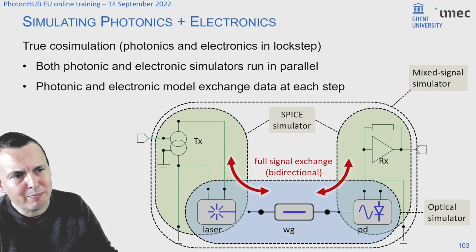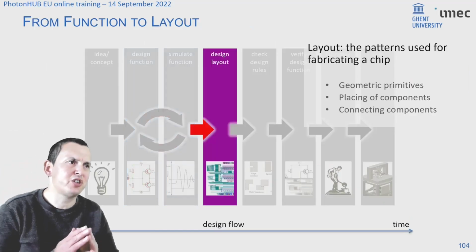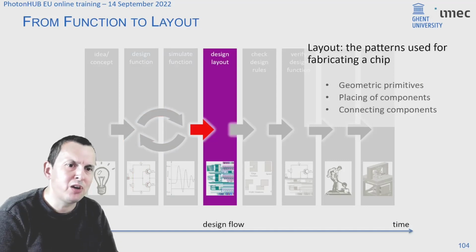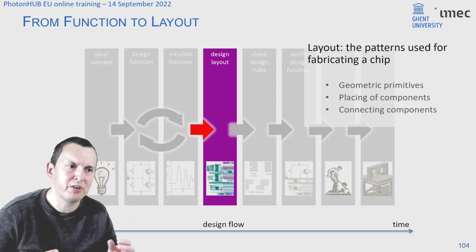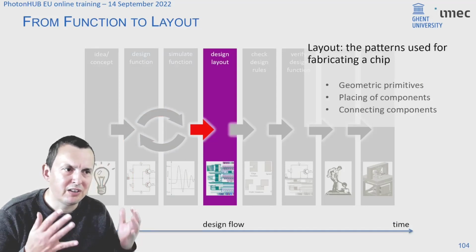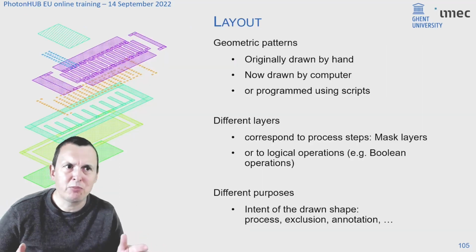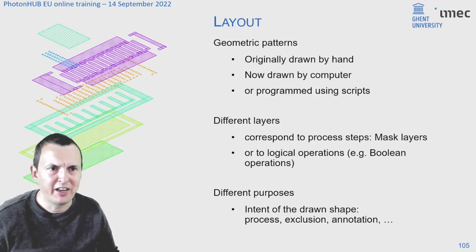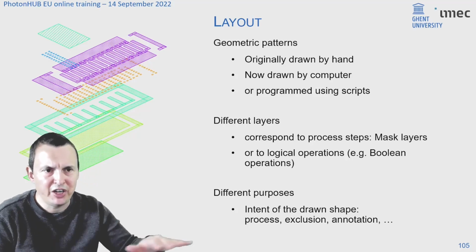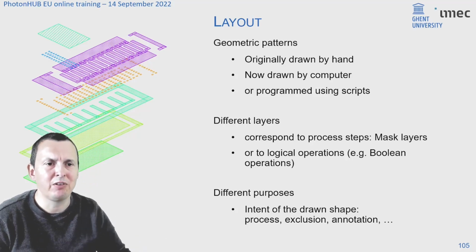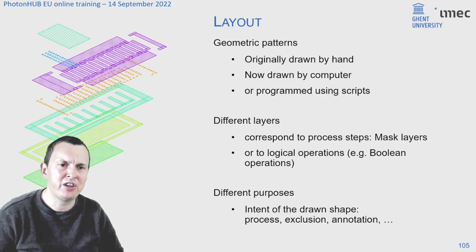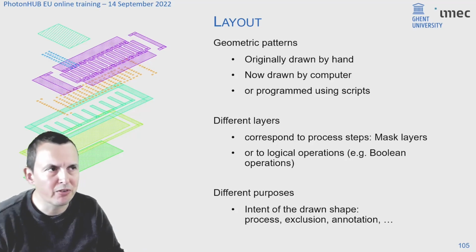Now, with that, I want to wrap up the front-end design and move to the next stage, which is the back-end design. How do we now translate the circuit which we built into a physical implementation? And for a chip, the physical implementation means mask layers that can be used for each pattern layer that we need to fabricate. So for each lithography step in the fabrication process.